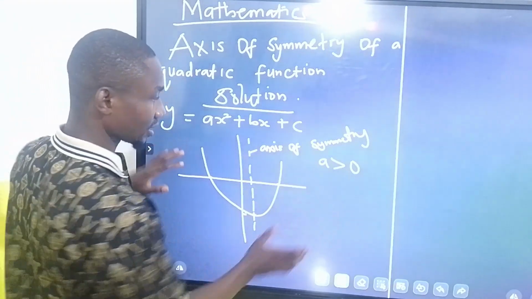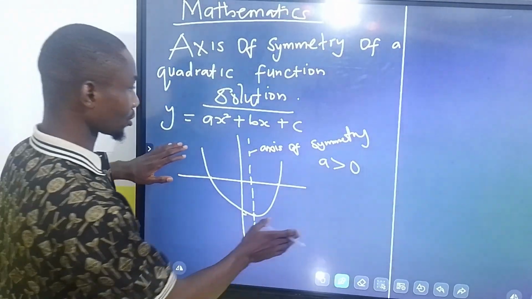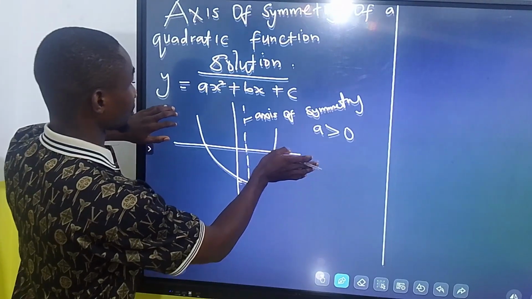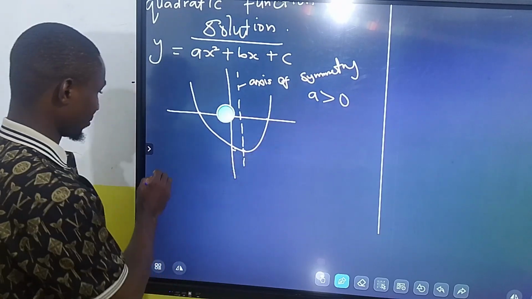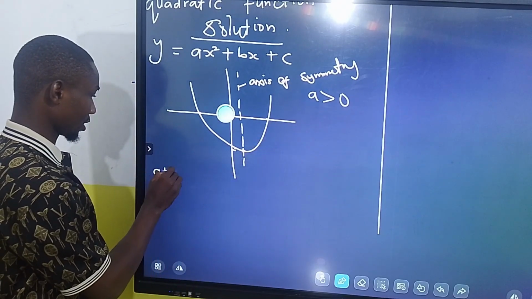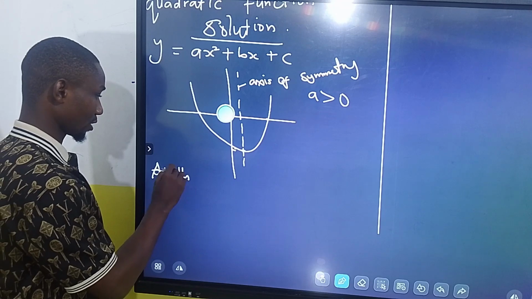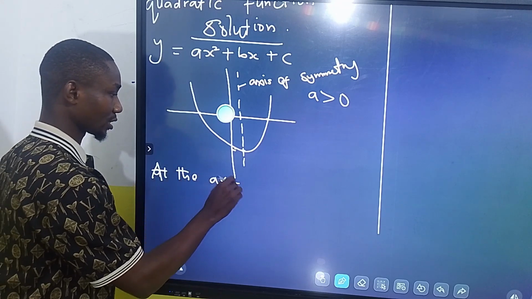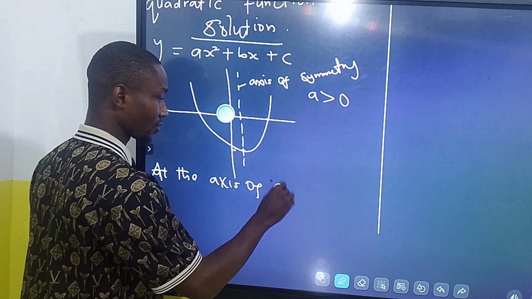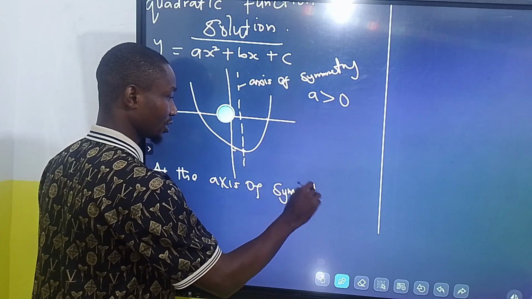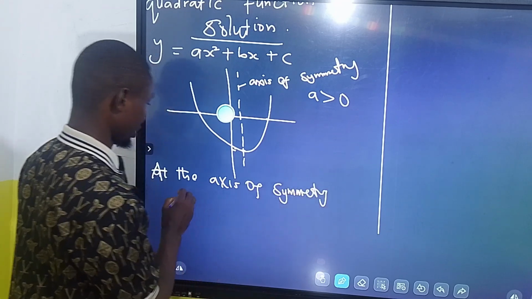So if at the axis of symmetry our gradient is 0, what does it mean?